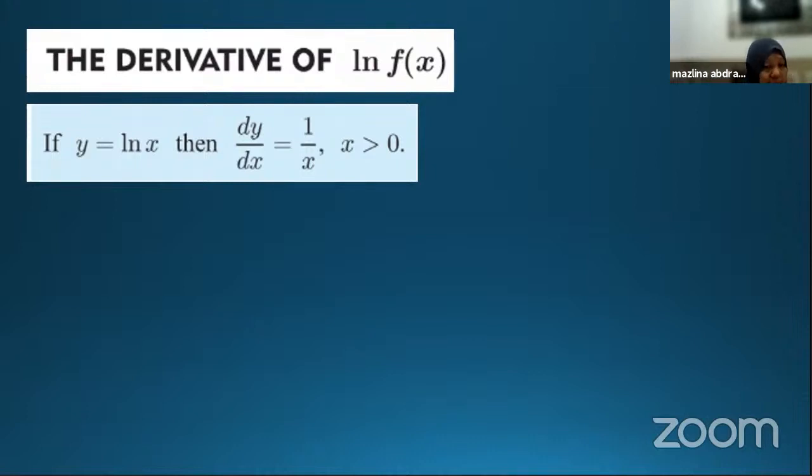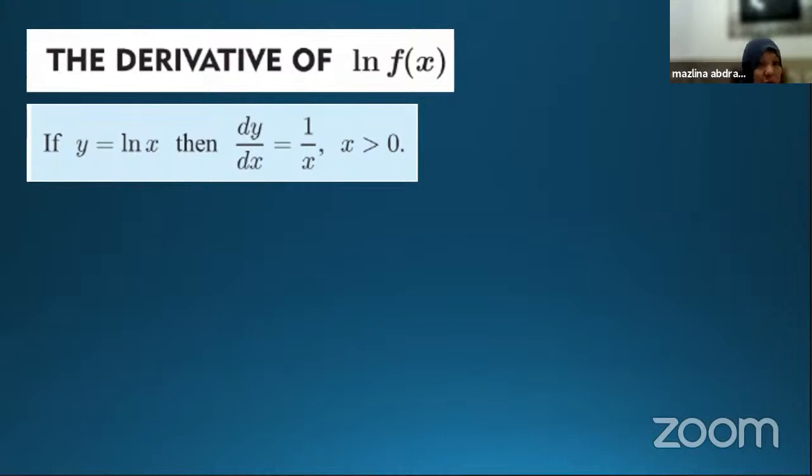Okay, ni you do later. Cuba you tengok sebab you akan nampak the difference here. So from the function e to the power of x, use strategy to find the value of f(x) and f'(x) for the value of x given in this table. Okay, and then nanti you tengok later. They want you to discuss the results from question 4 and 5. Okay, and derivative. Okay, ni you do later.